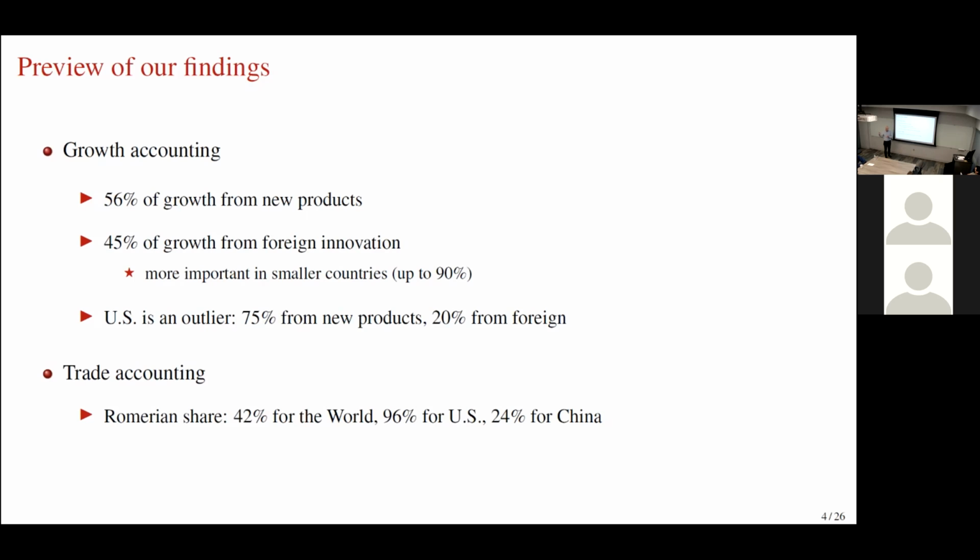And then eventually somebody like China takes it over. So China's not doing that much new stuff. It's doing a lot more of the creative destruction stuff, taking advantage of the low wages, innovating a little bit on a foreign product and taking over a lot of markets in the process. So there's heterogeneity underneath the 50-50 numbers. But if you want to take away a number from the paper, that would be 50-50.